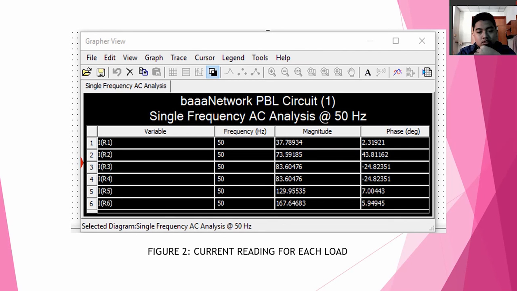This is the result from the single frequency analysis at 50 Hz frequency. The values shown are the current readings measured on each load from R1 until R6. The values are recorded in polar form, which allows us to see the magnitude and phase angle.